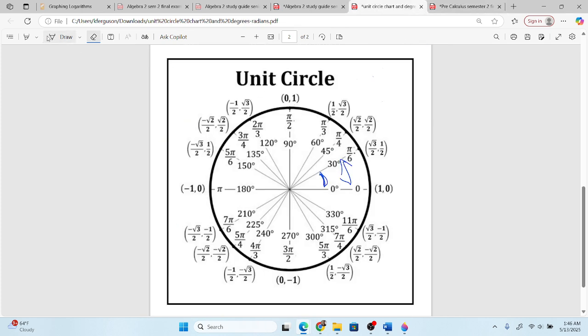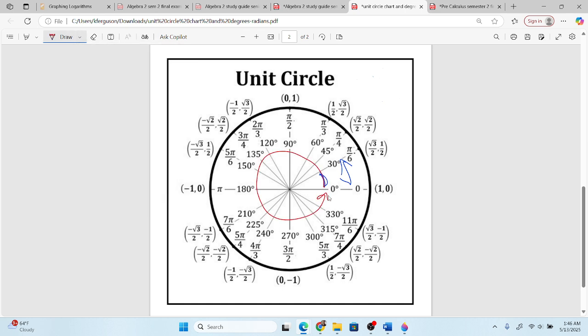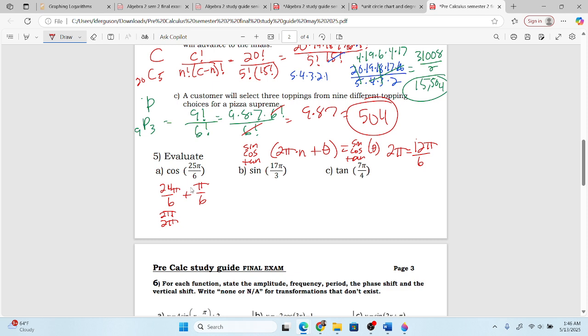So I went 360, 360, and then I went pi over 6. So that's the only part that's relevant. And so cosine of pi over 6 equals square root of 3 over 2. So that's my answer.